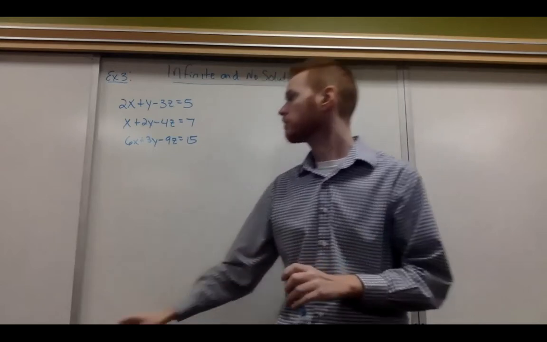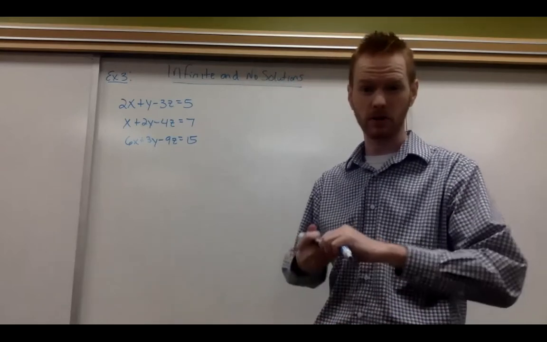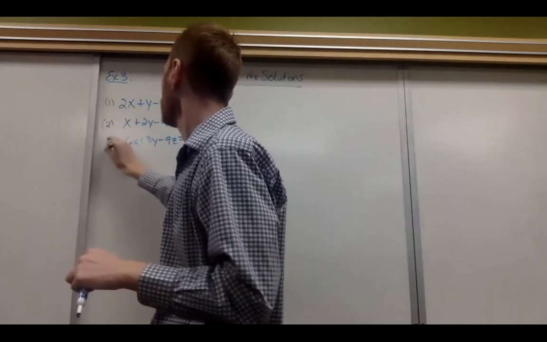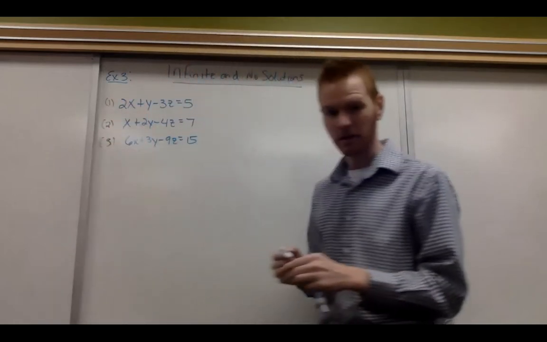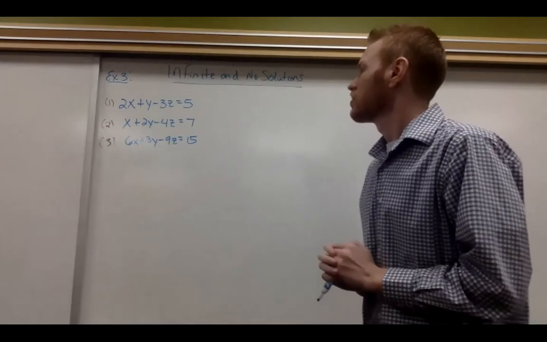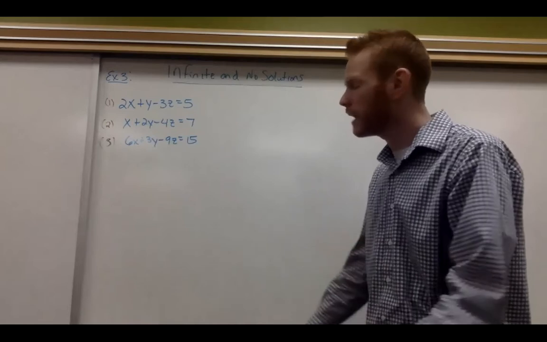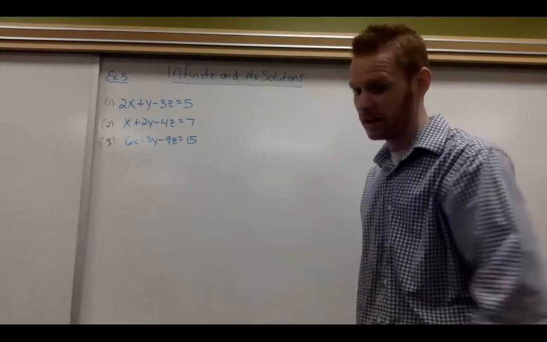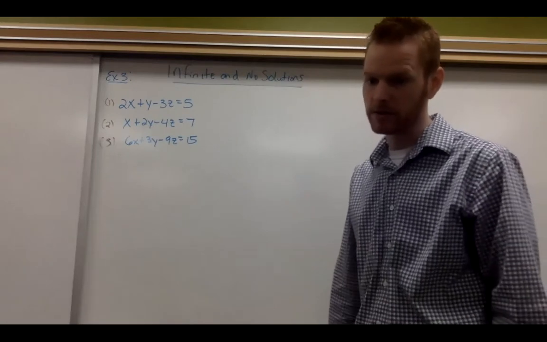So here's the system that I'm going to start with. This is our third example, and I'm going to mark what each equation is: this is my first, my second, and my third, just like I did in class. We want to eliminate a variable, and it doesn't really matter which one you get rid of first.